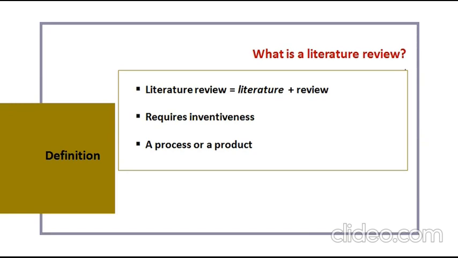The term literature includes all the existing research and theory about a given area at both the theoretical and the practical levels. So it involves both the theory, the concepts, and also the studies which were conducted in a given area.